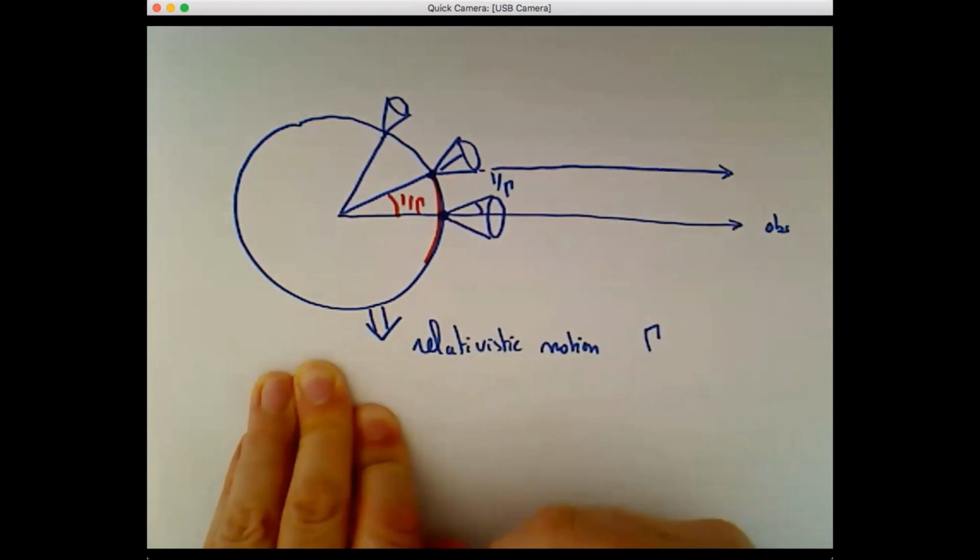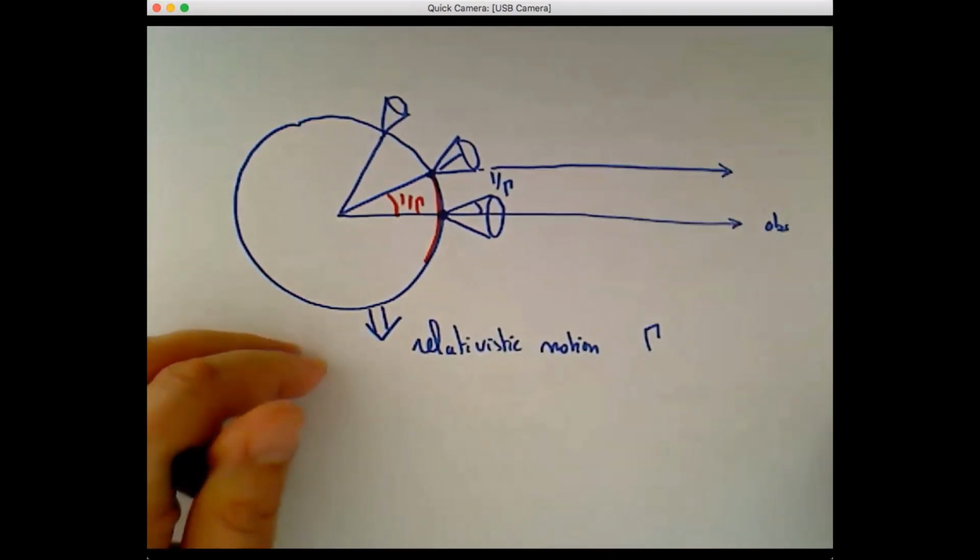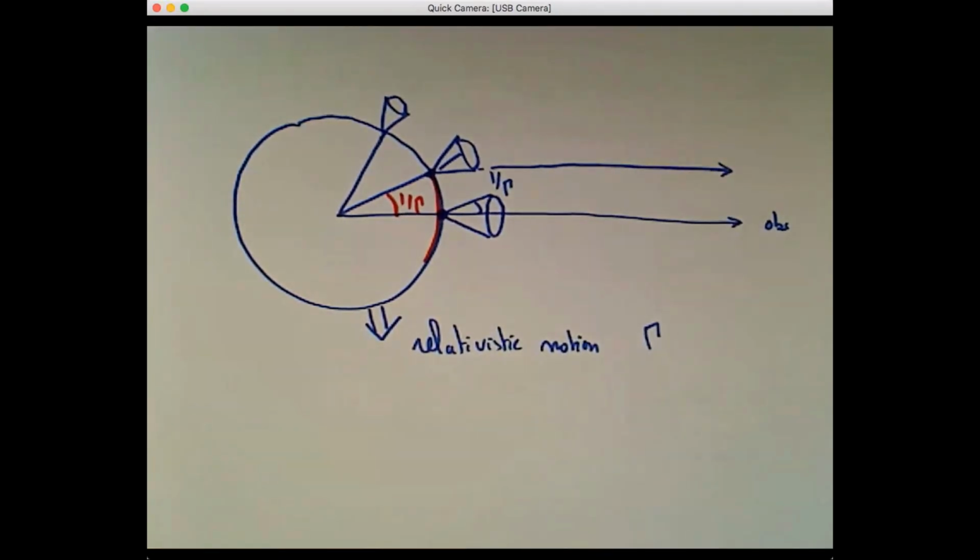And then I can deduce what is the minimum variability timescale I can have from such a relativistic source. If you assume that the whole sphere is flashing instantaneously, which is unphysical, you need some time, but you assume that the sphere is flashing instantaneously. So the duration of the emission is 0 in the lab frame, okay?